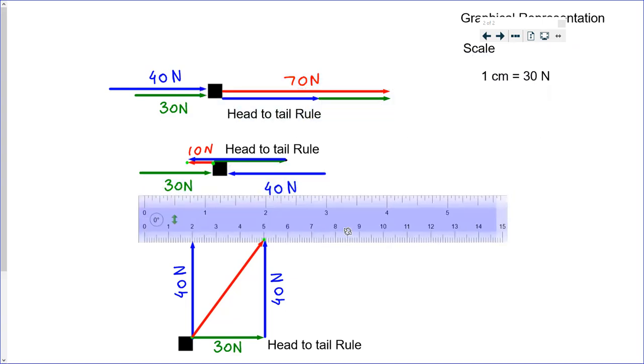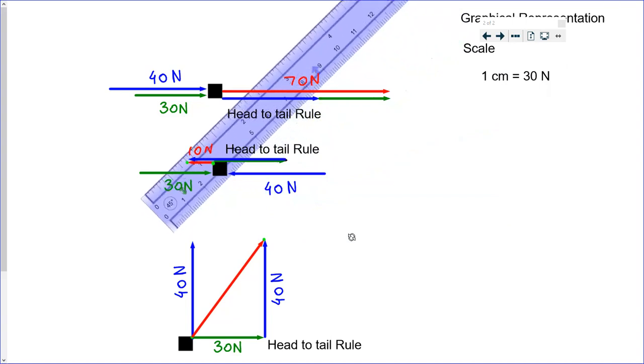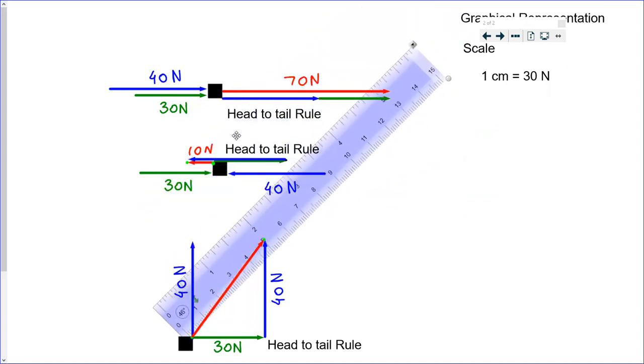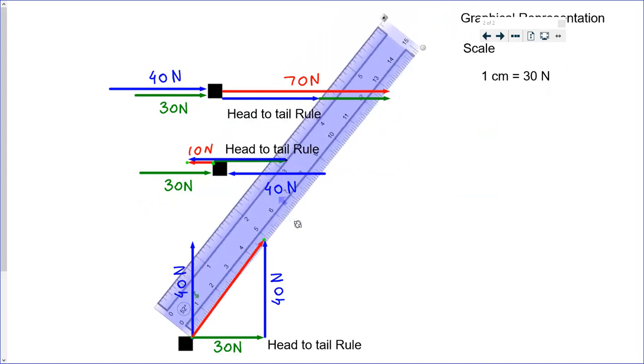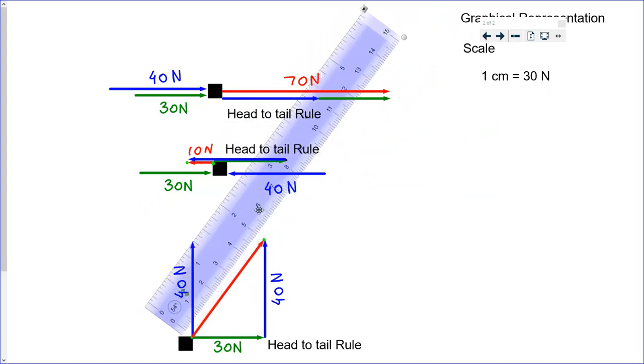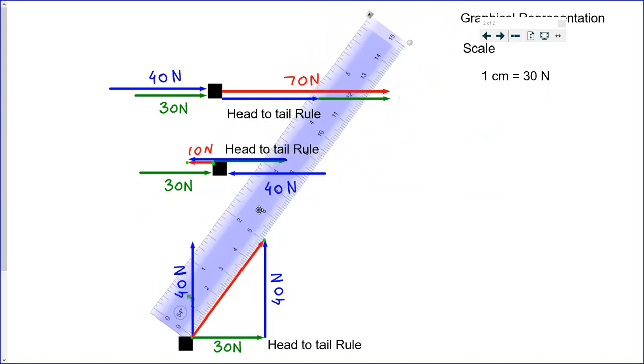The other, you can still measure the length of this thing with the help of the ruler. So check out, if I place the 0 exactly at the starting point, how long is the red vector?